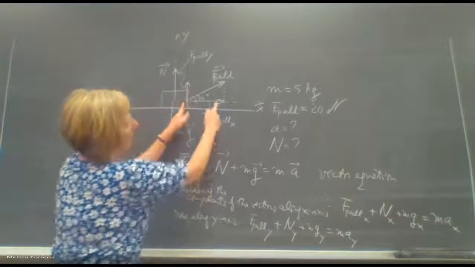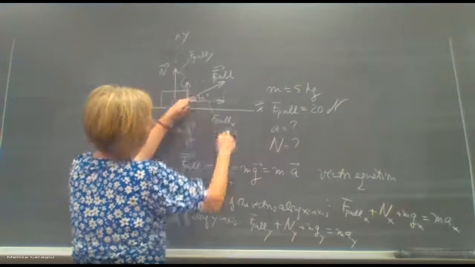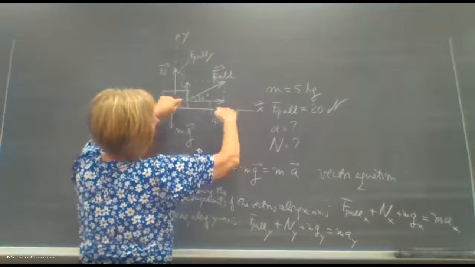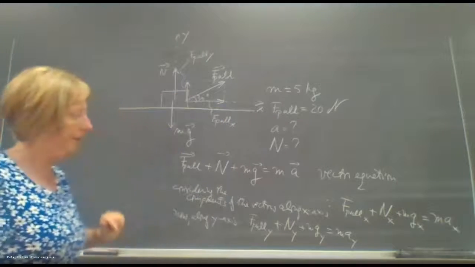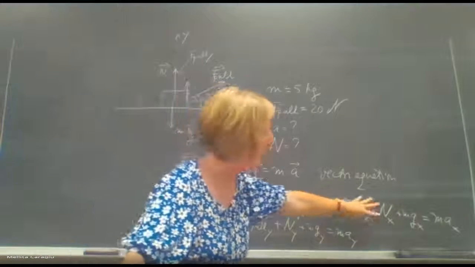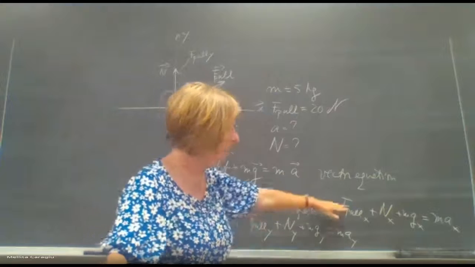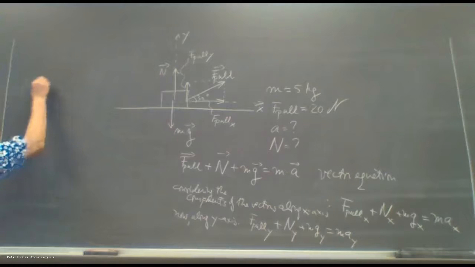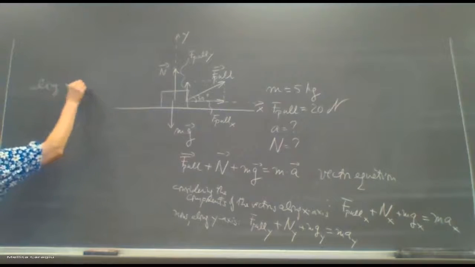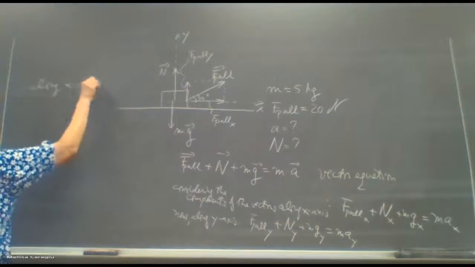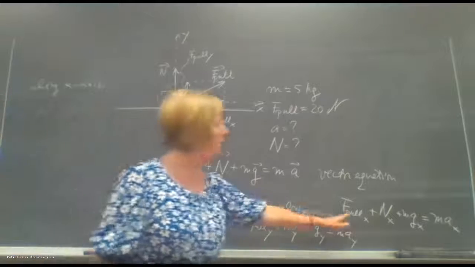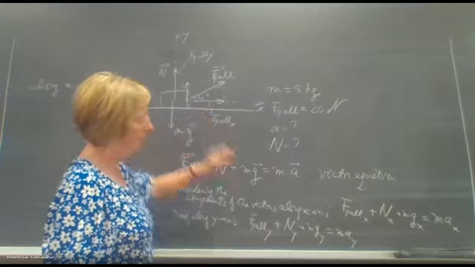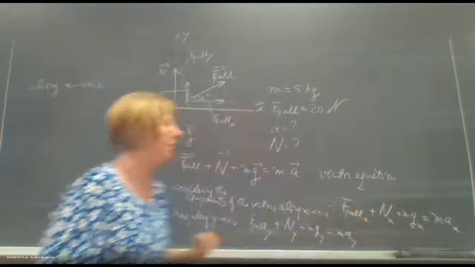I know that this x component is F pull cosine 30, and I know that the y component is F pull sine 30. So now let me replace stuff in this equation. So the components along x. So along x-axis, what do I have? The component of F pull along x is going to be F pull cosine 30. So that's what I'm going to put here.